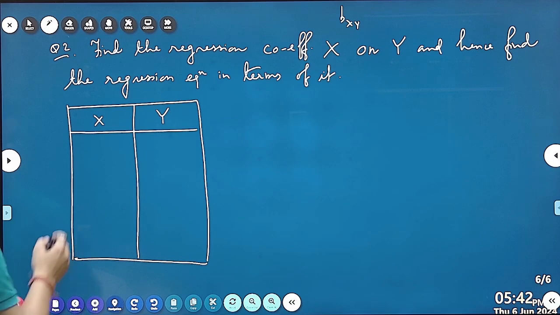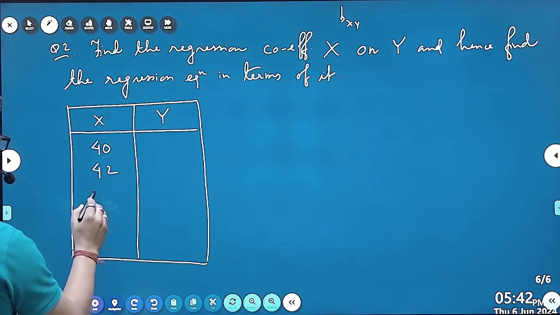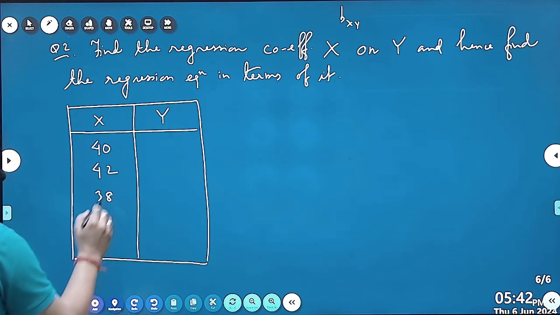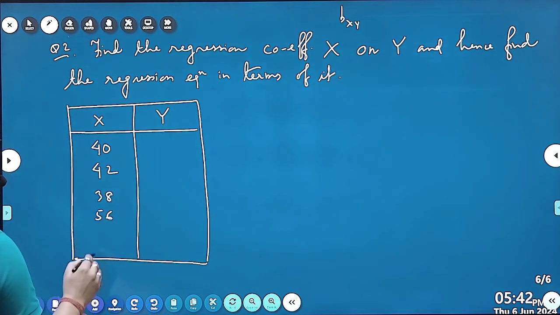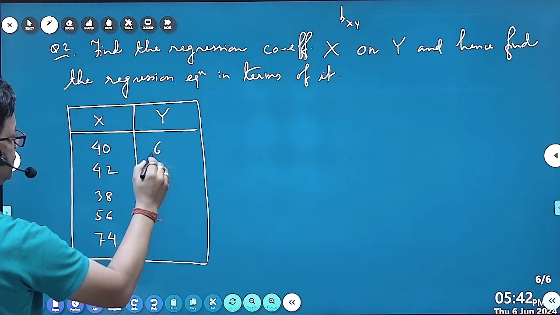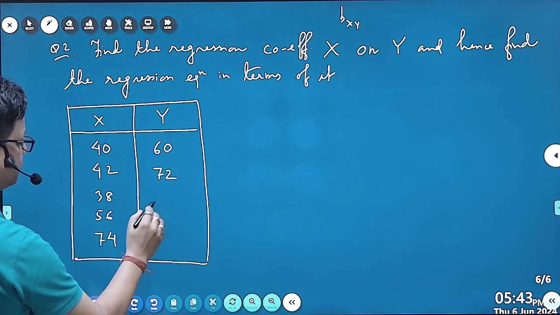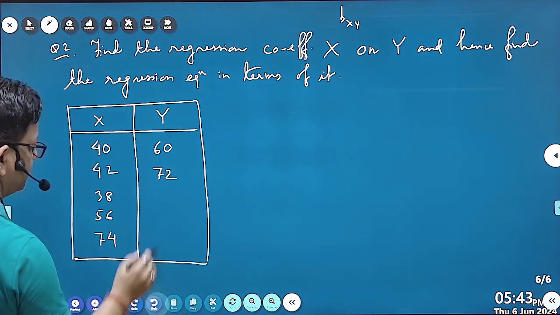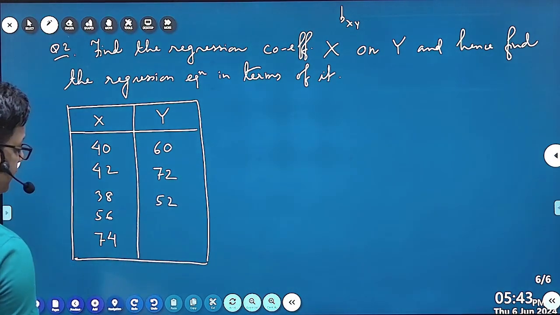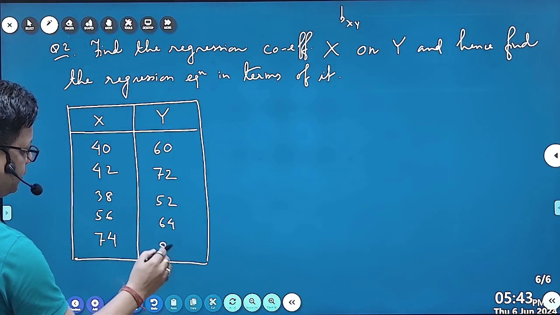Random example: x is 40, 42, 38, 56, and suppose 74. For y, suppose I am taking 60, 72, suppose 40, suppose 52, then suppose 64, and suppose 80.